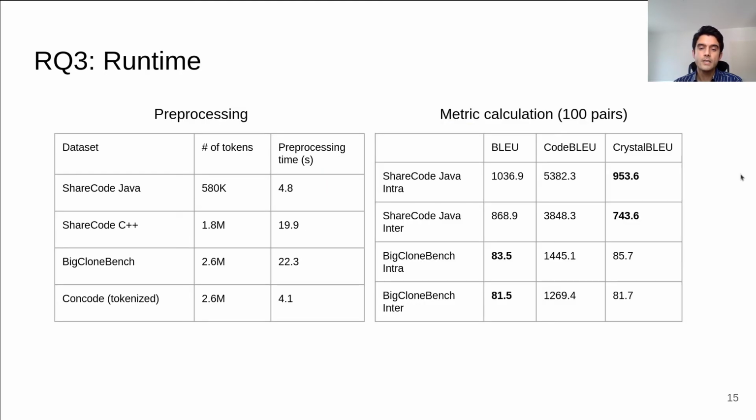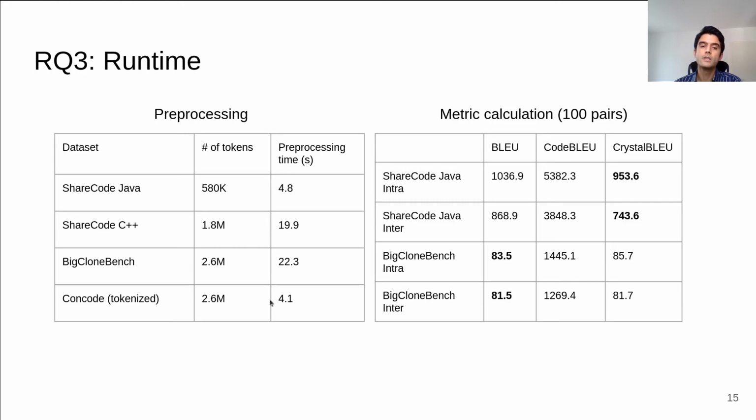In terms of runtime, we have two phases. The first phase is pre-processing, which needs to happen only once for a particular code corpus or domain. We can see here that for a large dataset of almost 3 million tokens, it runs in under 30 seconds, and this is including tokenization.